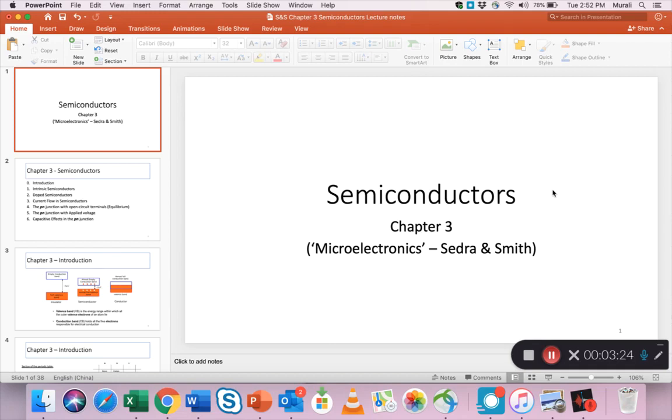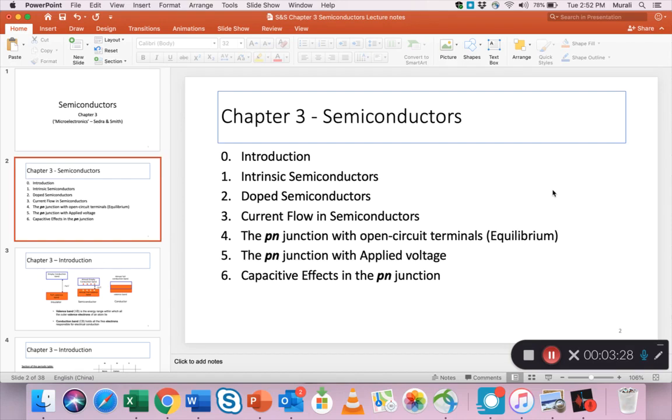Okay, so let me skip past slide 1, which was just the title, to actually looking at all the specific topics in this chapter in the textbook and what I intend to cover. So there's an introduction plus 6 sections or 6 topics, and my goal is to do 0, 1, 2, 3 on day 1 and 4, 5, 6 on day 2.